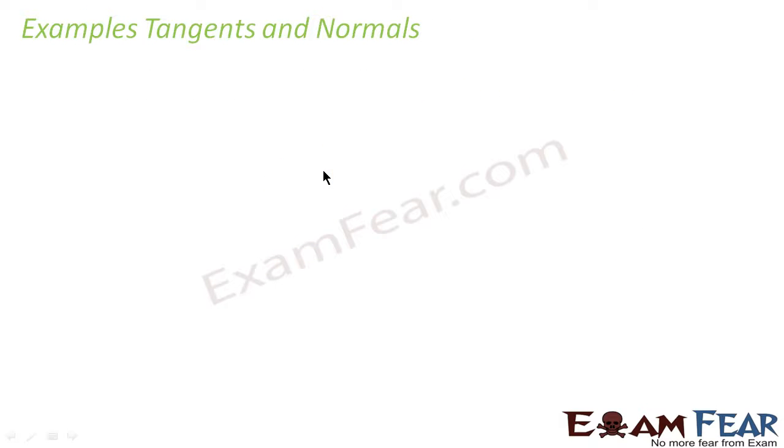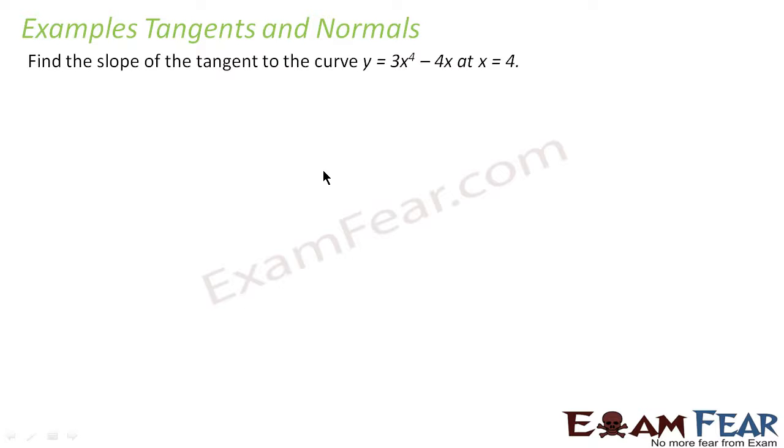Let's take some examples to understand this kind of questions. We have the first question that says we have to find the slope of the tangent. Please note, I have to find the slope of tangent to this curve at x is equal to 4. If you want to visualize, this is the xy axis, and this is some curve.